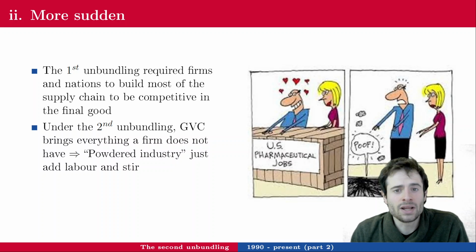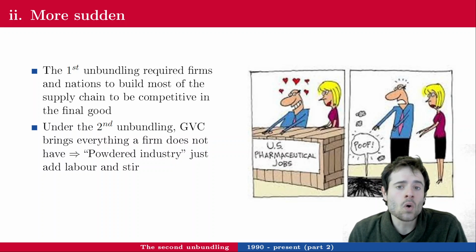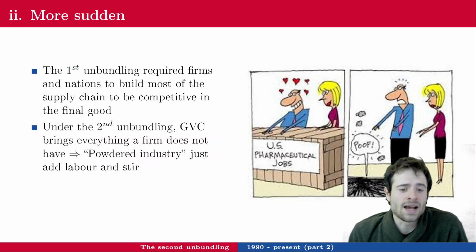With the second unbundling, you might need to be good only at one stage of the production process, and you might even get the know-how from abroad. So it might be easier to quickly build what you need in order to fulfill that task.